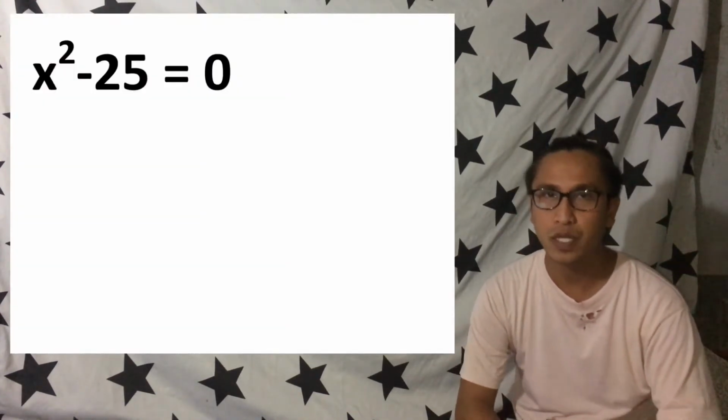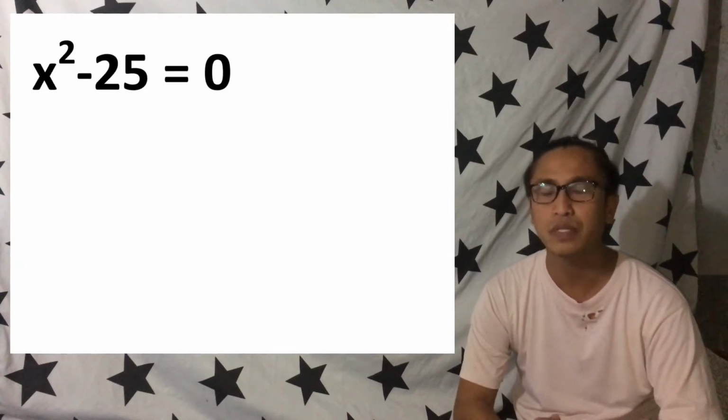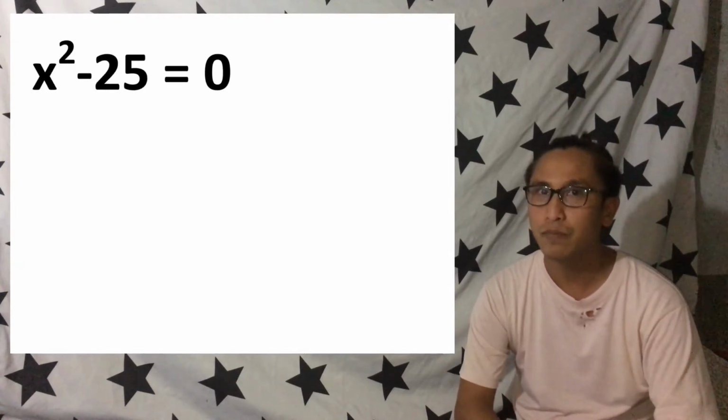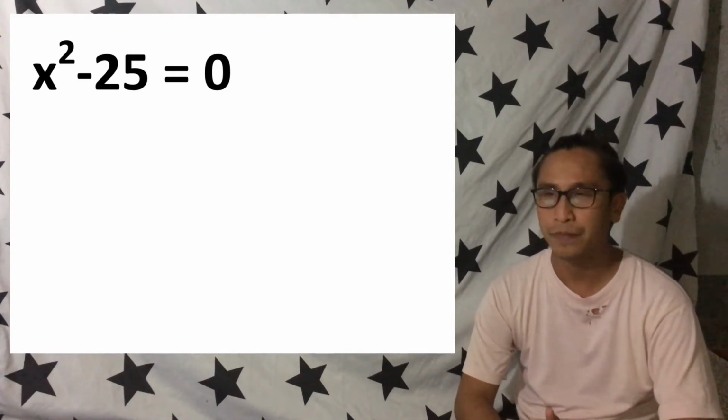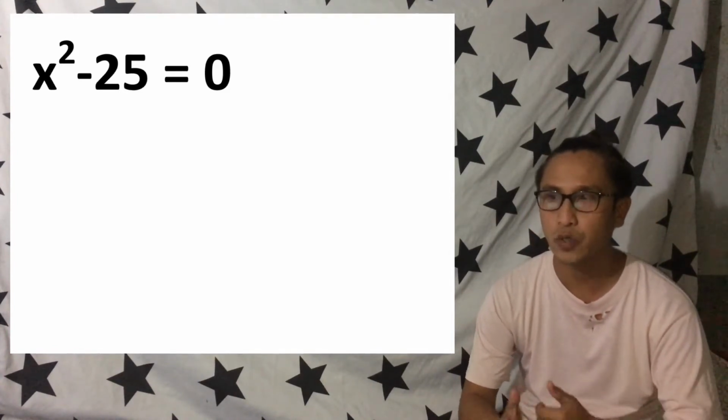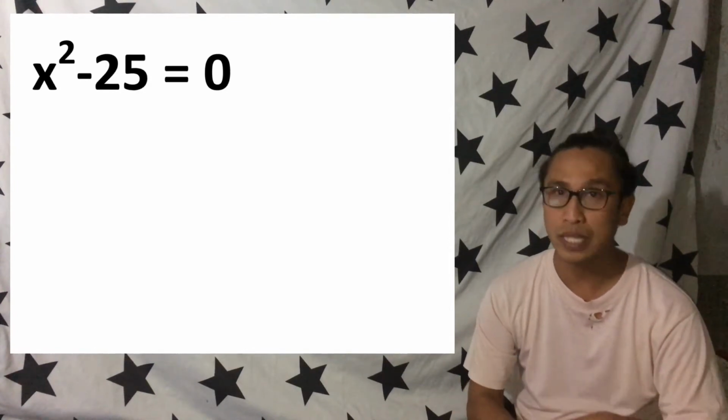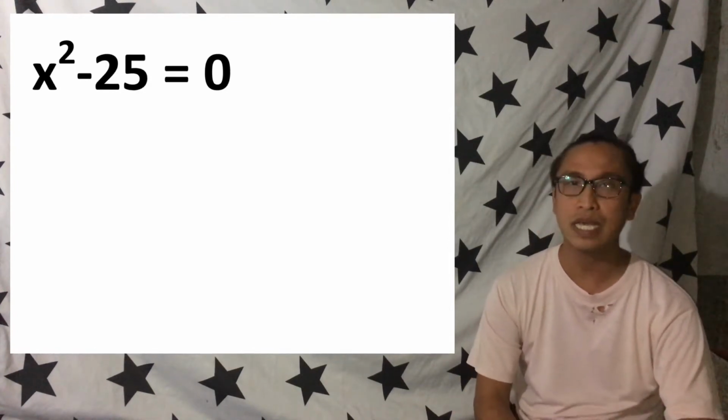Let's say the quadratic equation is x squared minus 25 is equal to 0. I guess most of you understand that 25 is a perfect square. Same is true with x squared. So what you will do next is just transpose the constant term to the other side.